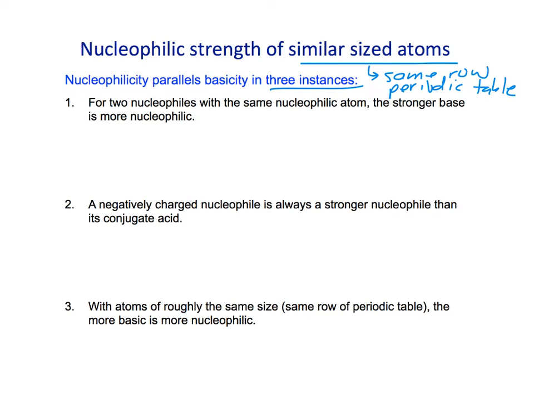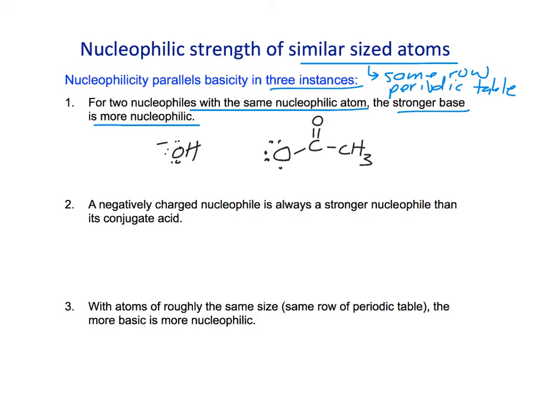If we have two nucleophiles with the same nucleophilic atom, the stronger base is more nucleophilic. For example, if we compare the nucleophilicity of hydroxide with the nucleophilicity of acetate, or a carboxylate anion, the conjugate base of a carboxylic acid: because the carboxylic acid is a stronger acid, this will be a weaker base.